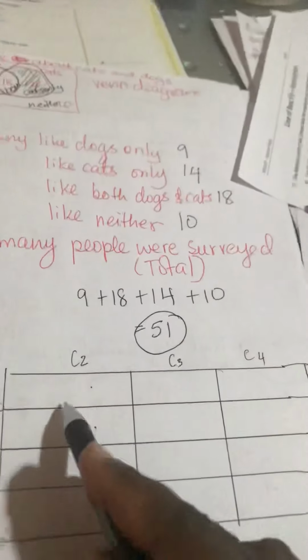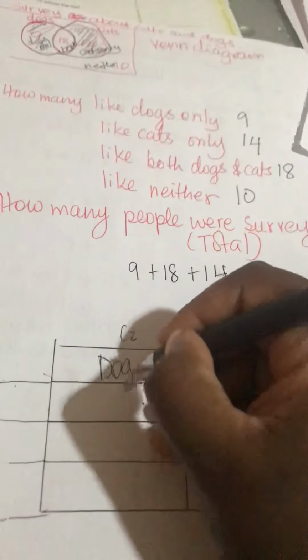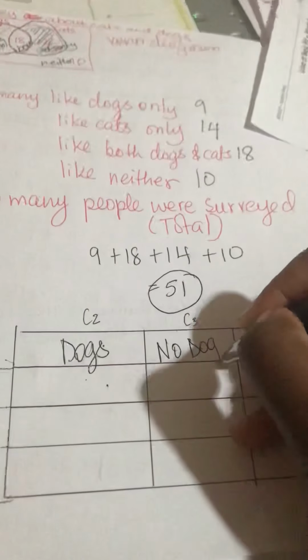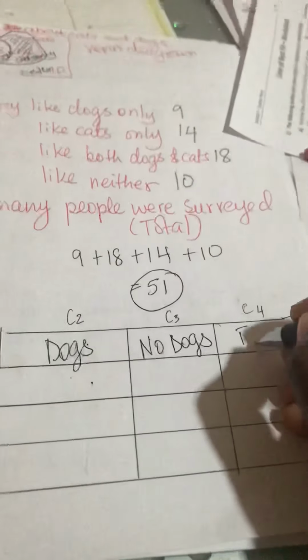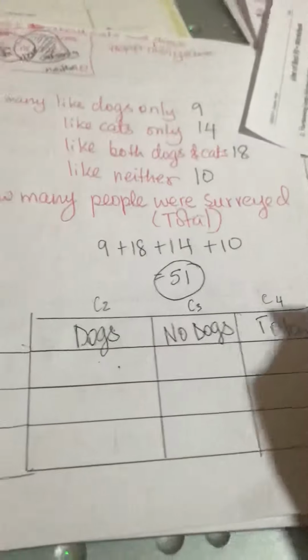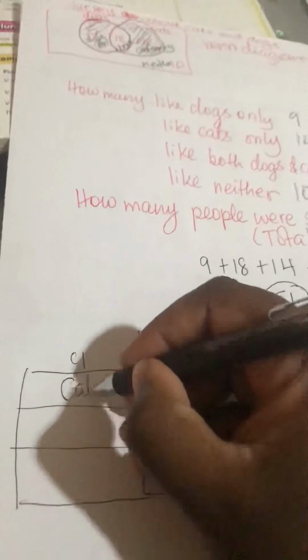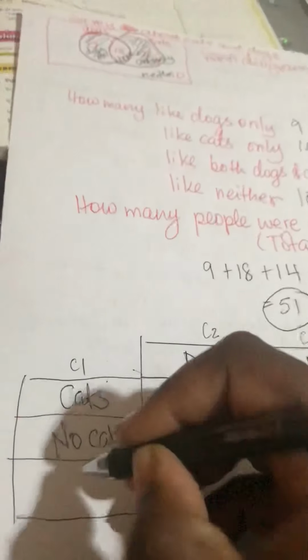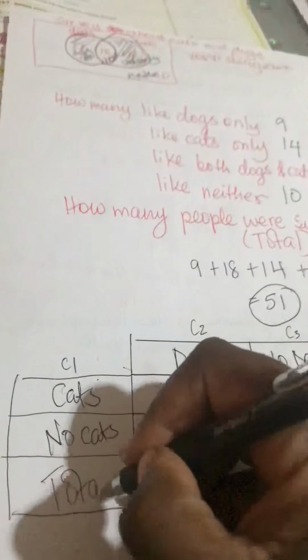Now, because dogs is the first one here, I would put dogs up here. So I will write dogs, no dogs, total. I will write cats, no cats, total.